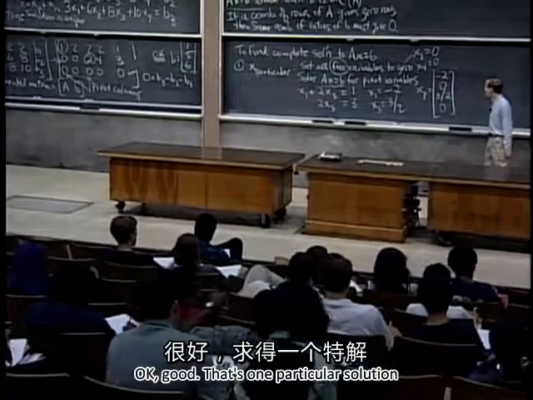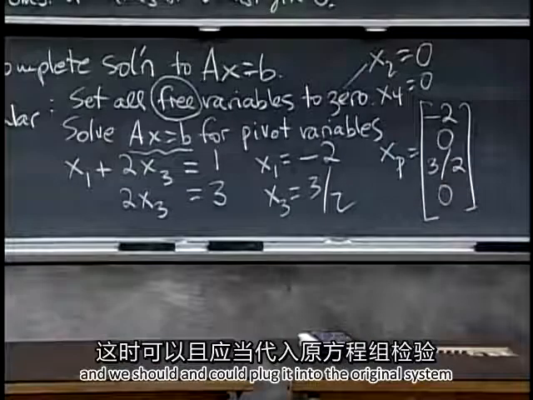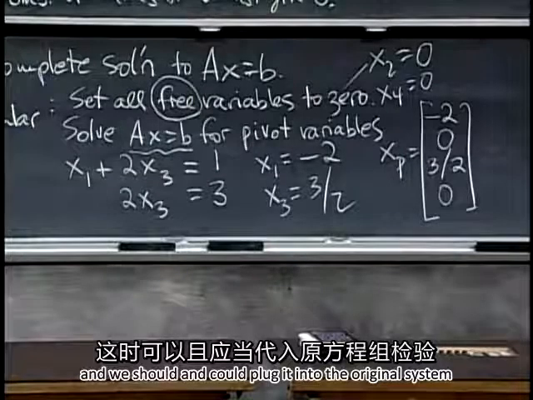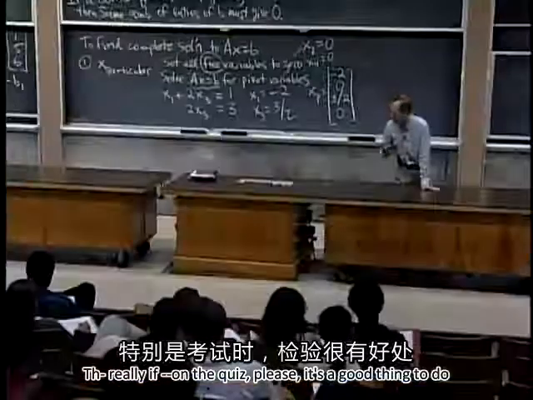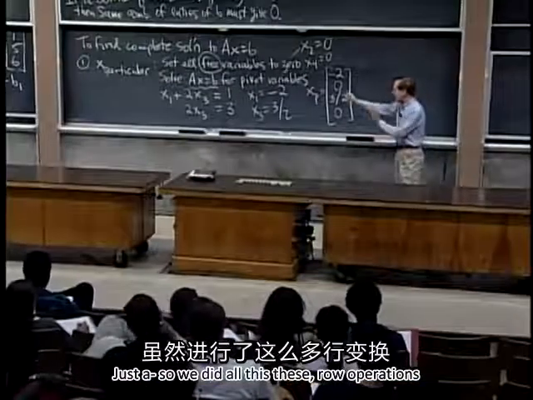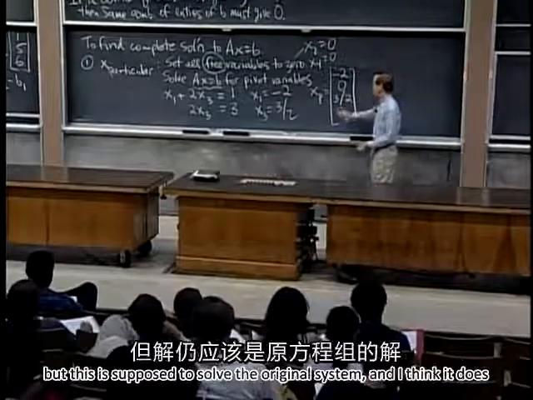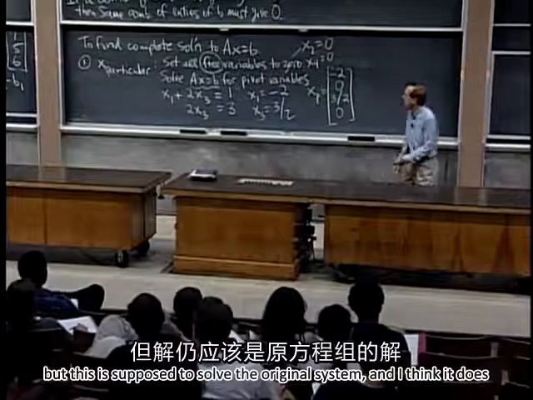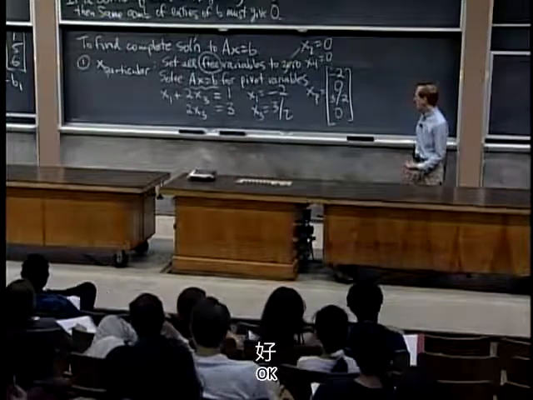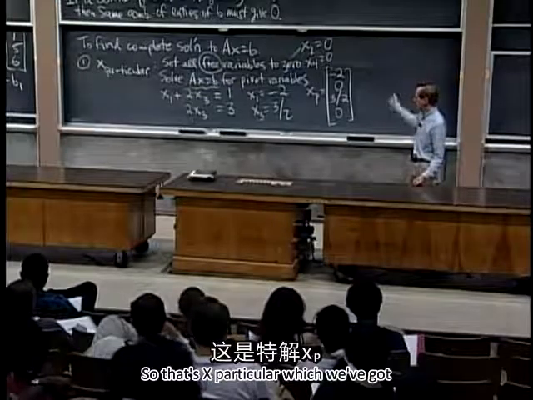Okay, good. That's one particular solution, and we could plug it into the original system. Really, on the quiz, please, it's a good thing to do. We did all these row operations, but this is supposed to solve the original system, and I think it does. So that's x particular, which we got.